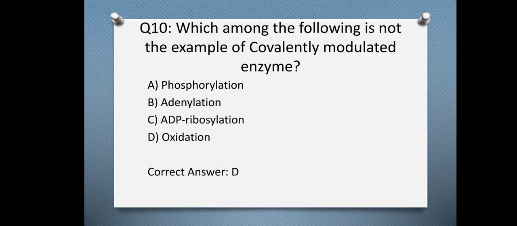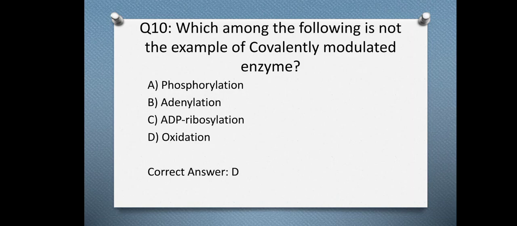Oxidation is a reaction which is basically carried out by oxidoreductase enzymes, and the remaining three options are examples of covalently modulated enzymes. In phosphorylation, for example, a kinase enzyme is involved. In this type of modulation, a second enzyme is also needed for the activity of the main enzyme.